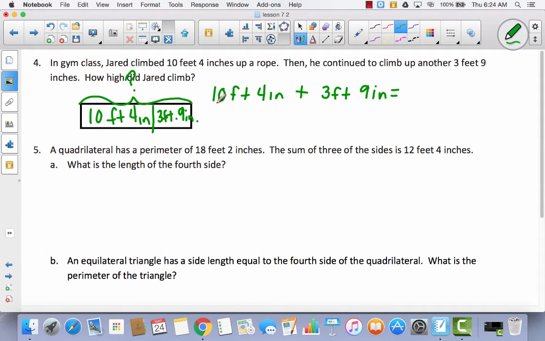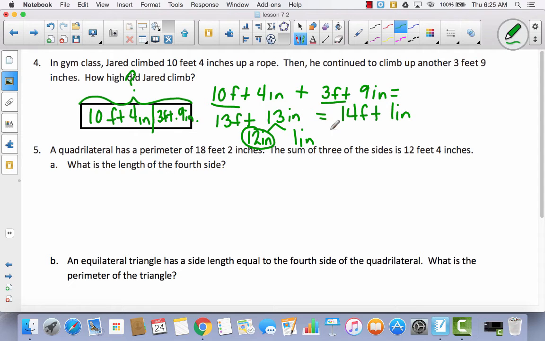Okay, so hopefully you added feet to feet, which is 13 feet, and then 4 inches plus 9 inches, which is 13 inches. So we know that 12 inches make a foot, so I can go ahead and pull out 12 inches, and then I would be left with 1 inch left over. So that would give me 13 feet plus this 1 foot would be 14 feet, 1 inch.